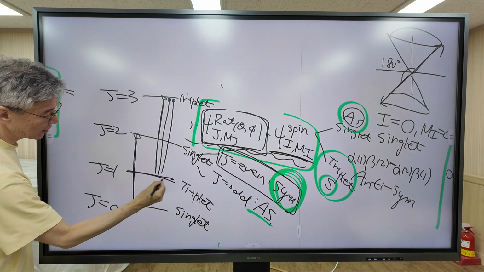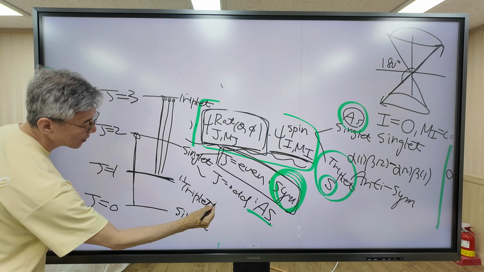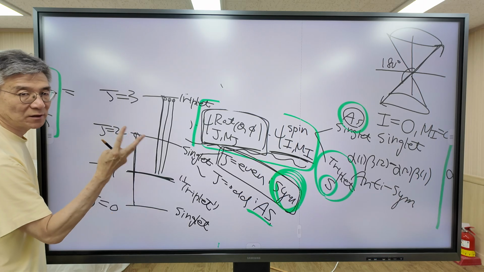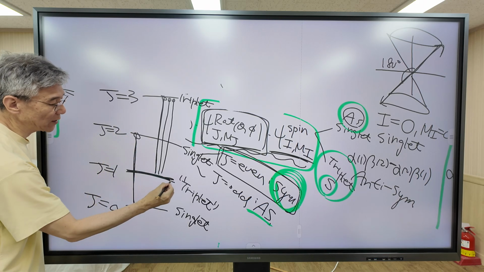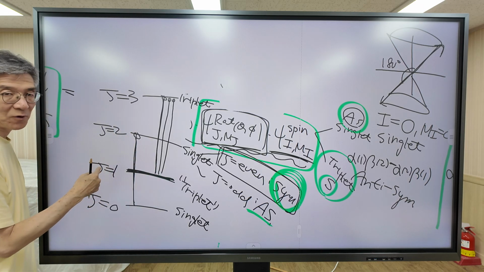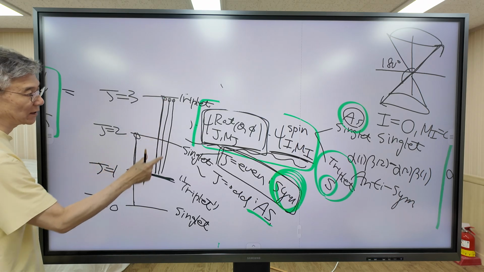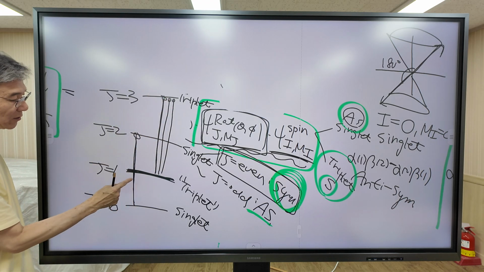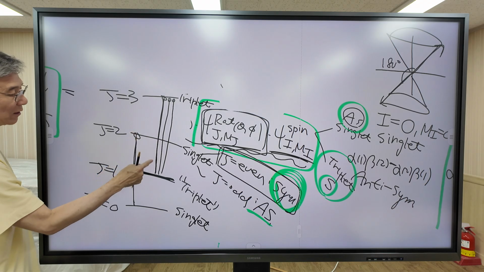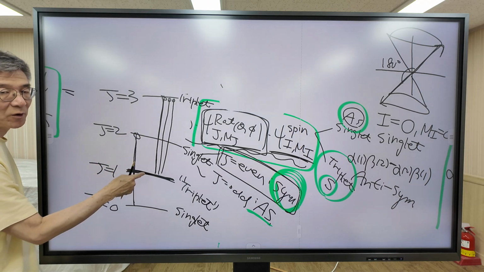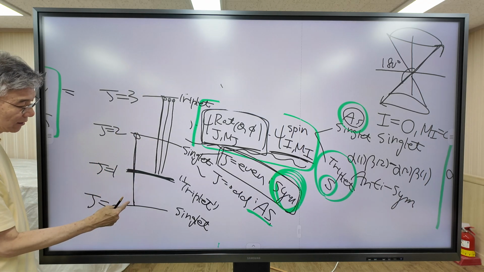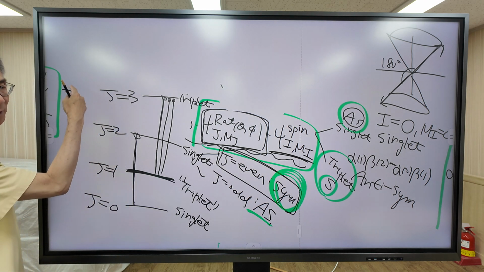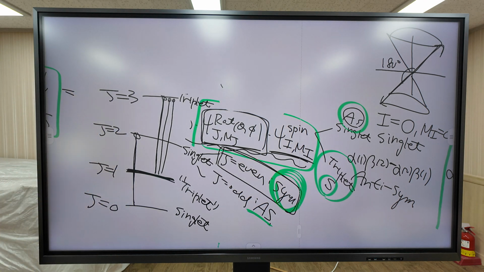Because this level pairs with triplet state. Triplet states consist of 3 states. So more population is in the J equal 1. So this transition is 3 times larger than this transition. So the transition with odd number is more intense than the transition with even number for fermion. This is our first result.